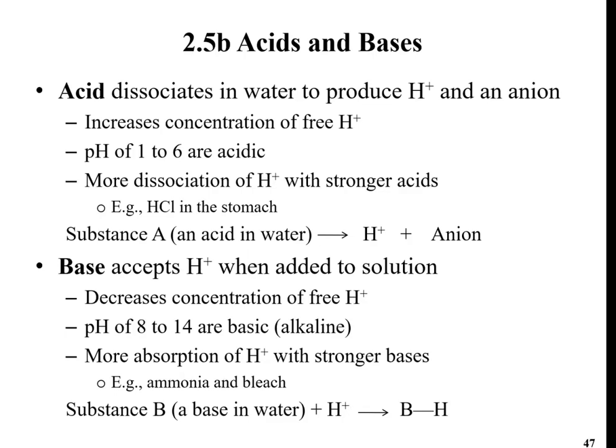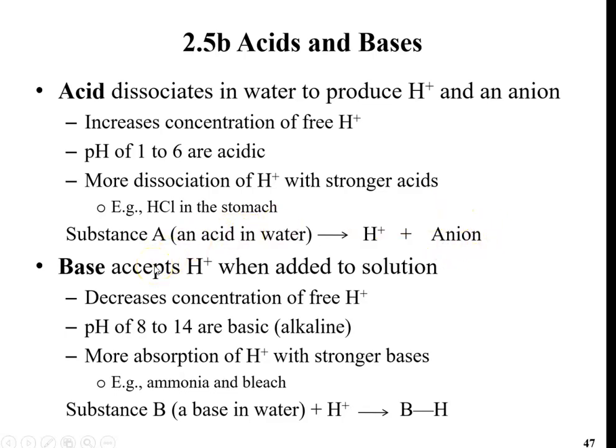On the pH scale, a pH of 1 to 6 is considered acidic. More dissociation of hydrogen is seen with stronger acids. That makes sense, right? So the stronger an acid is, the more likely it is to give up that hydrogen ion. And here's the equation for it. Substance A, which is an acid, in water dissociates to a hydrogen ion and an anion.